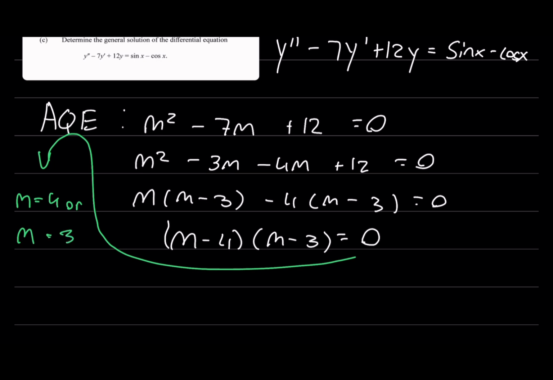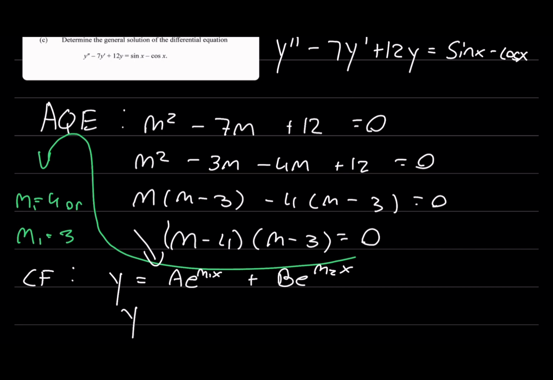And when we have two values like this, I decided to let this one be m1 and this one be m2. So that means that our complementary function is going to be given with the form y is equal to a times e to the m1x plus b e to the m2x, because the solutions are real and distinct, so they're different, so we're going to use this formula right here.